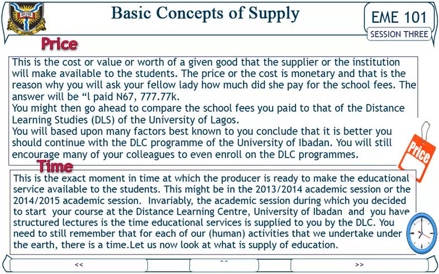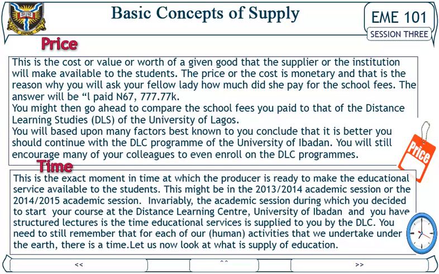Time. This is the exact amount of time at which the producer is ready to make the educational service available to the students. This might be in the 2013-2014 academic session or the 2014-2015 academic session.